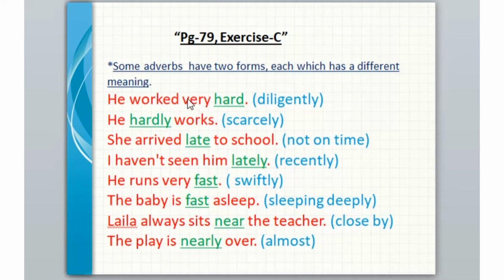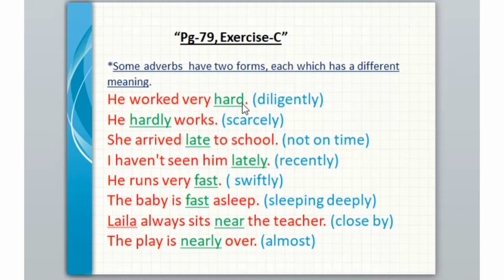One adverb is very, another adverb is hard. This hard is modified by another adverb, very, which is intensifying the condition. Worked very hard, someone has put in a lot of effort. Clear? This is one adverb.